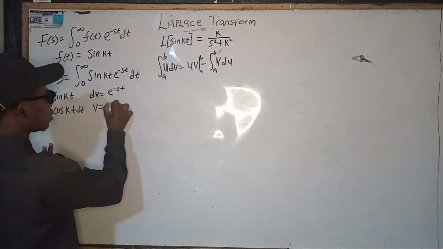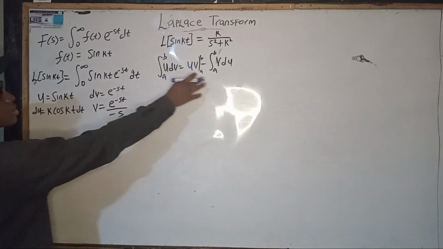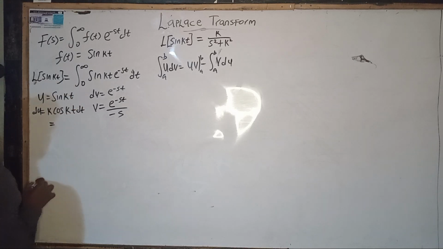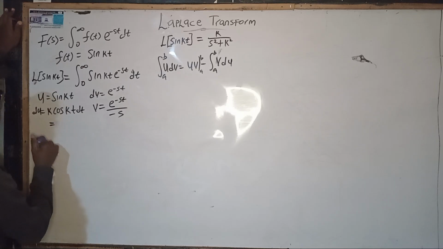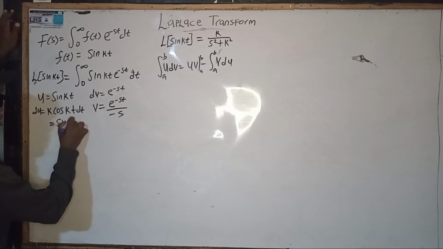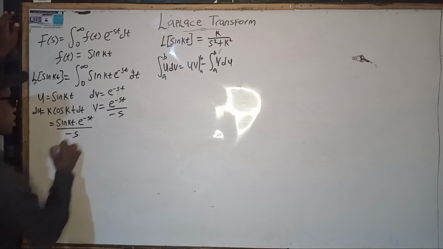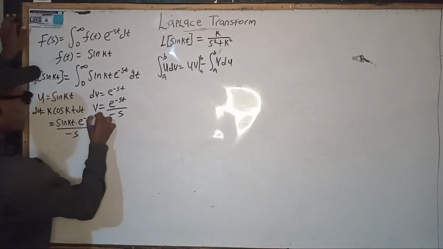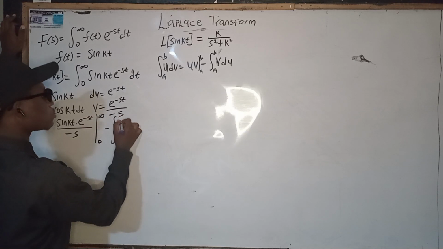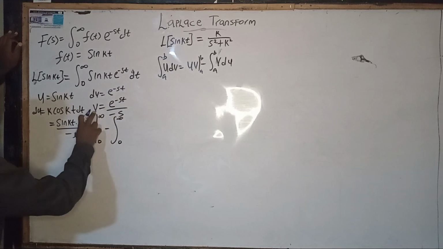Then we integrate this. We have v equal to e raised to the power minus st over minus s. Therefore, using our integration formula, the Laplace of sine kt is equal to uv, which is sine kt times e raised to the power minus st over minus s, from infinity to 0, minus the integral from infinity to 0 of v du.